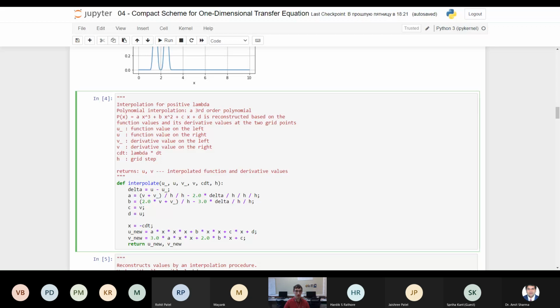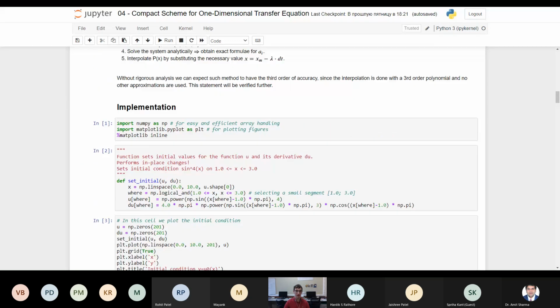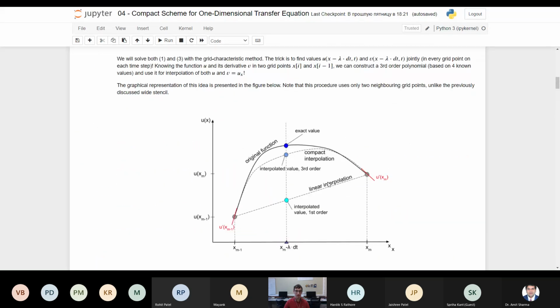And this function returns u and v. It returns 2 real numbers interpolated in the point inside. So this function takes values in these points, here and here, and returns this interpolated value.